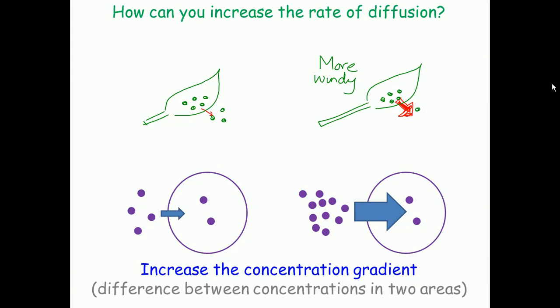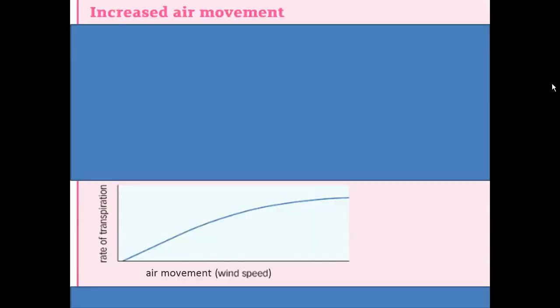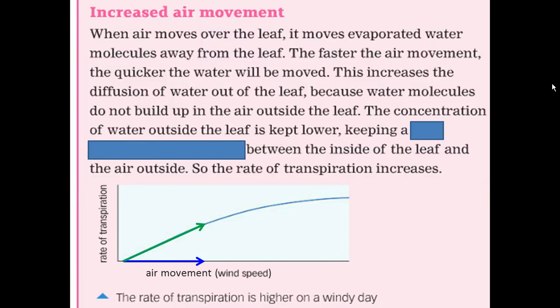When it's more windy, there is more air movement, and that air movement blows away the water vapor outside the leaf. Because it blows away the water vapor outside the leaf, there is a bigger difference in concentration of the water vapor inside the leaf and outside the leaf. And because there's a bigger difference in concentration, the concentration gradient has increased. So effectively, when you increase the air movement, the rate of transpiration increases because there is a bigger concentration gradient of water vapor.